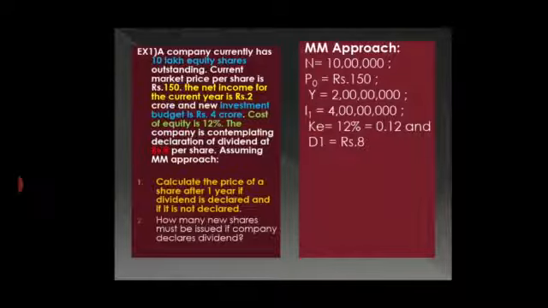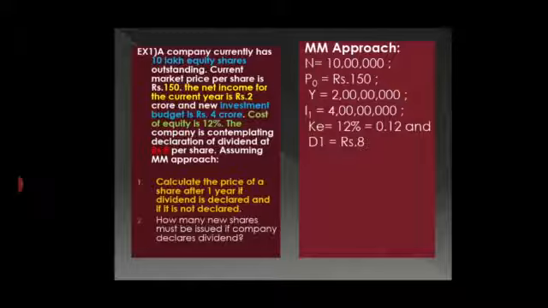Net income of the company for the current year is rupees 2 crore, the symbol being Y. And the new investment budget is 4 crore. Cost of equity is 12%, and the company has given a dividend of rupees 8 per share.